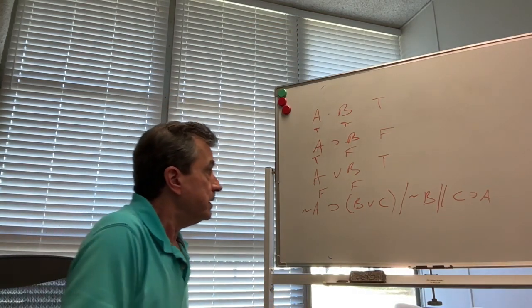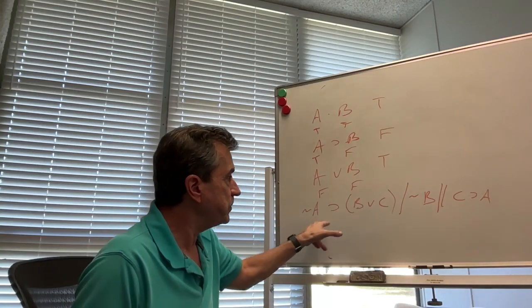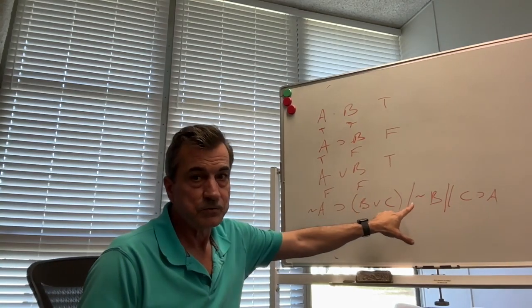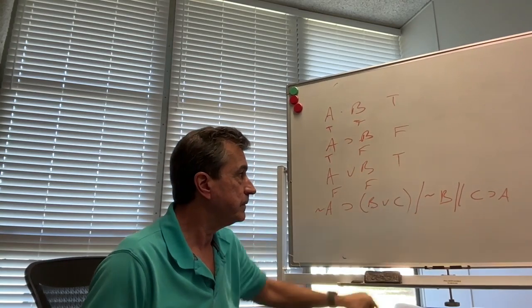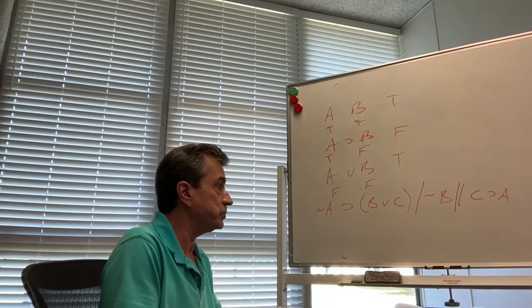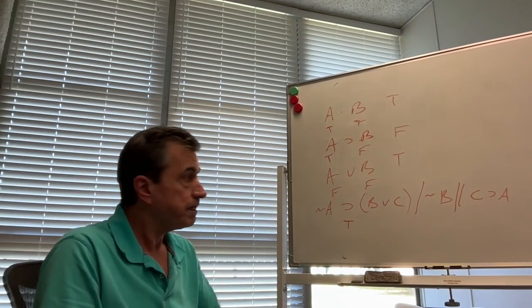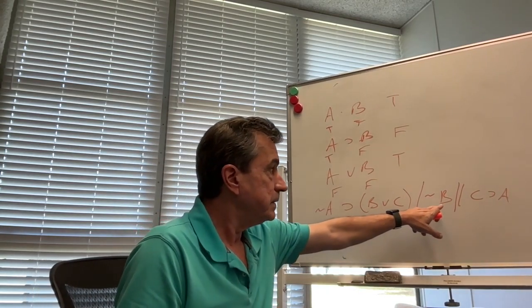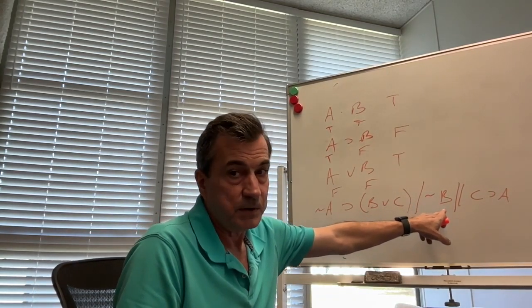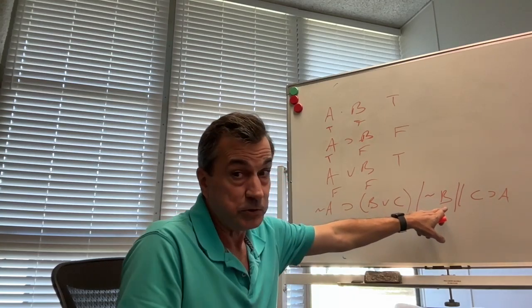So the main operator, this is the first premise before that first line, is this horseshoe, so we want to make this true. And then the not B is a premise all by itself. We want to make that true as well.